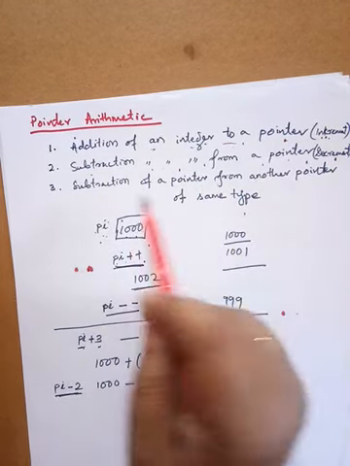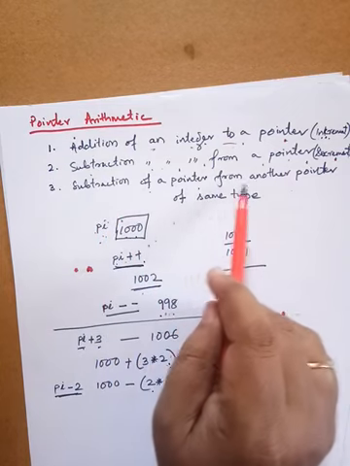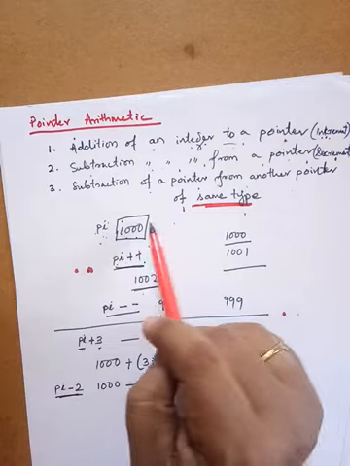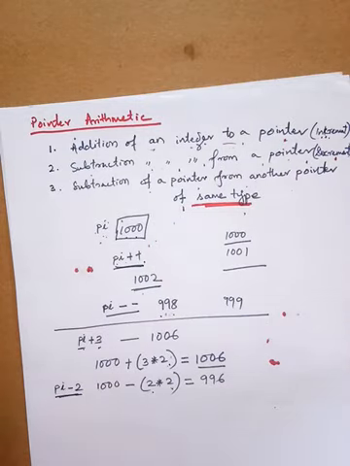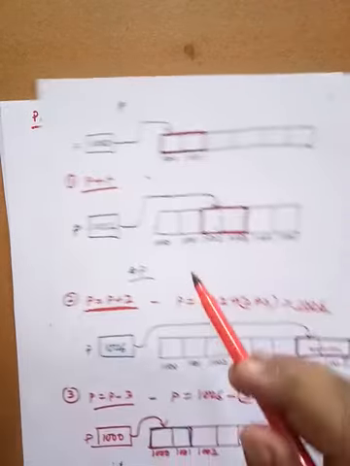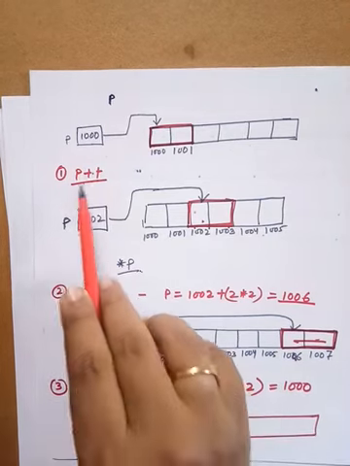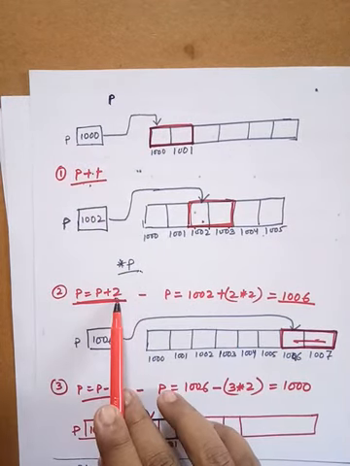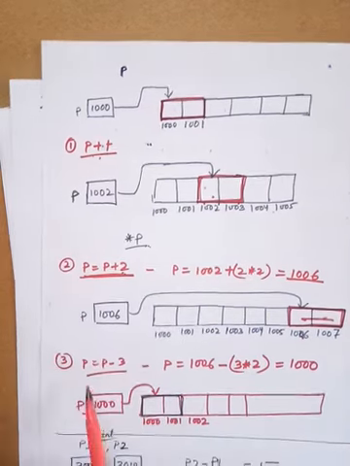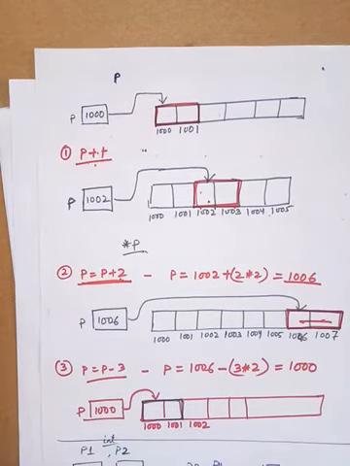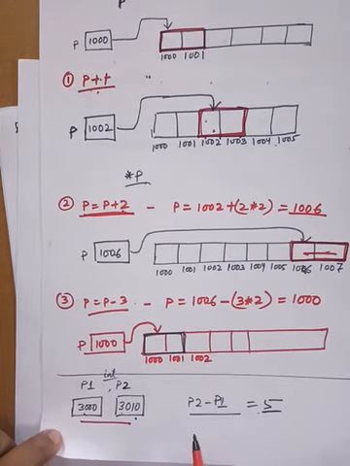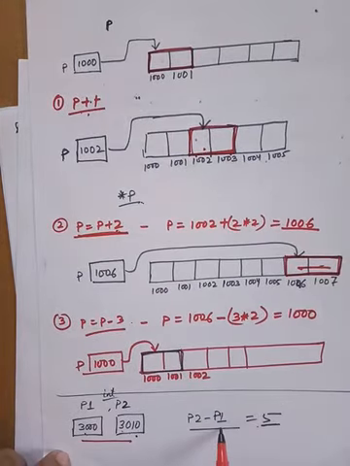Another one is subtraction of a pointer from another pointer of the same type. You must remember this one, this is the same type. We have also given the examples here. This is the increment operation. This is also incrementing by an integer value, and this is the decrement operation. And here this is another example that shows subtraction of a pointer from another pointer.